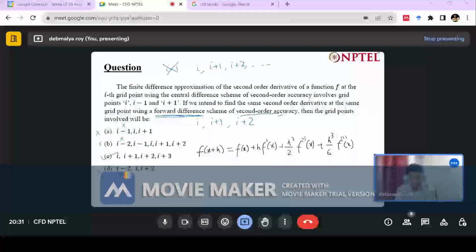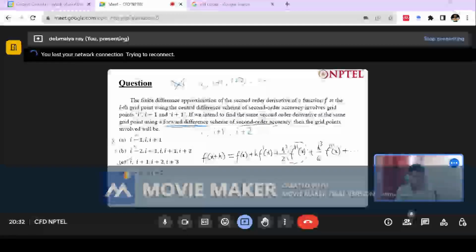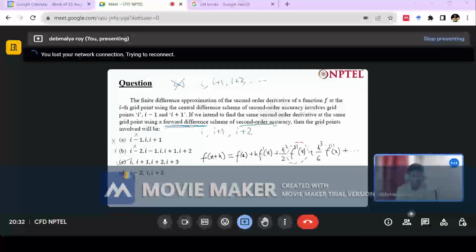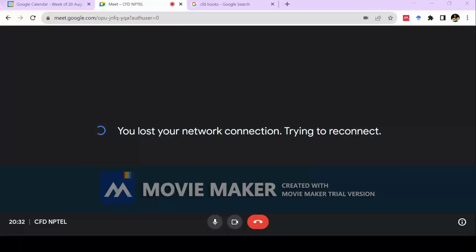All right. So now what do I have to find? I have to find f double dash x, right? This is what is asked. So I definitely know I have to divide the whole equation by h square. Now, it is asking for second order accuracy. What is second order accuracy?